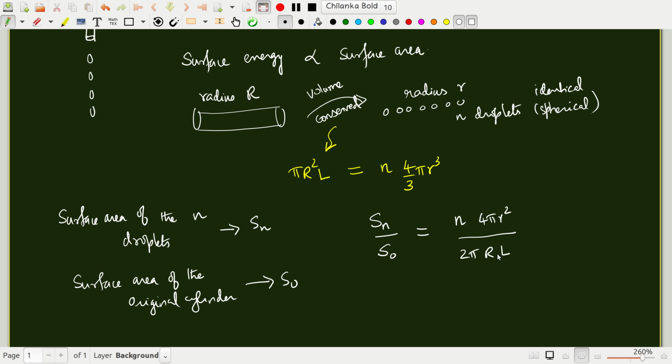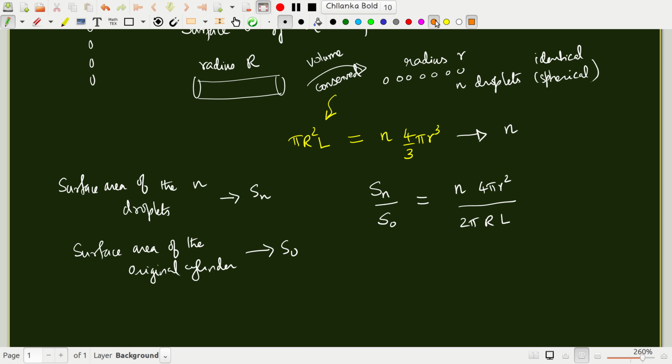Now, through volume conservation we can figure out a formula for n, like I'm going to discuss. So let's knock off the pi, resulting in n is equal to capital R squared times L upon 4 by 3 small r cubed.